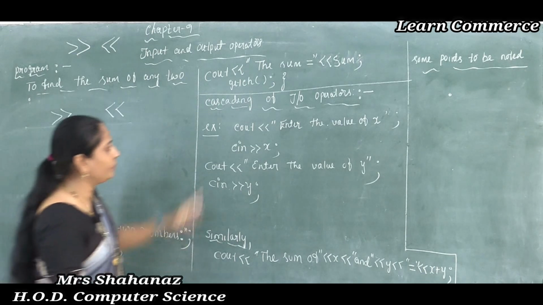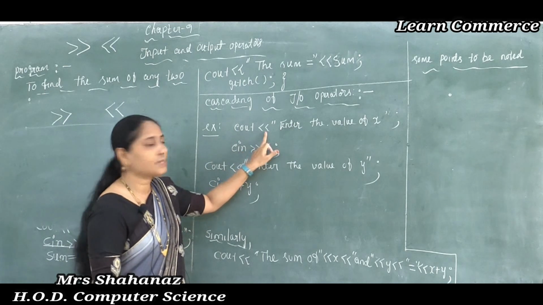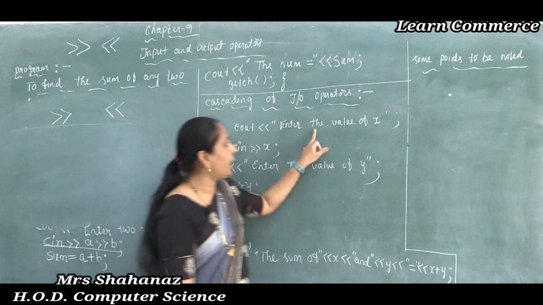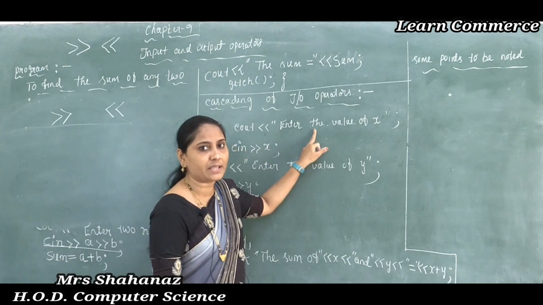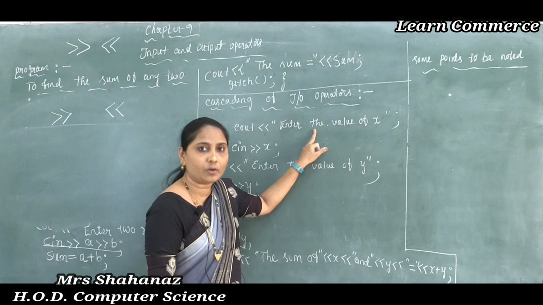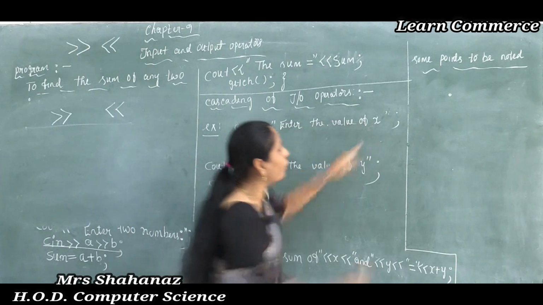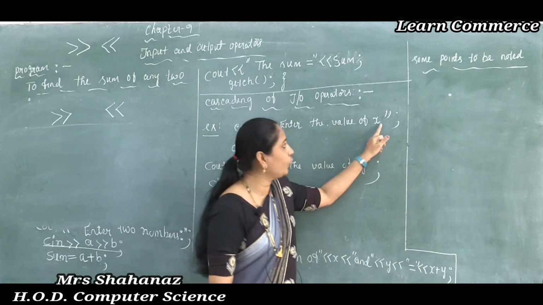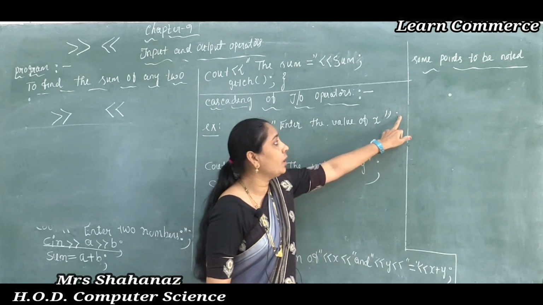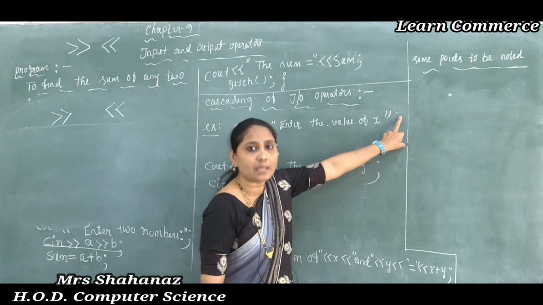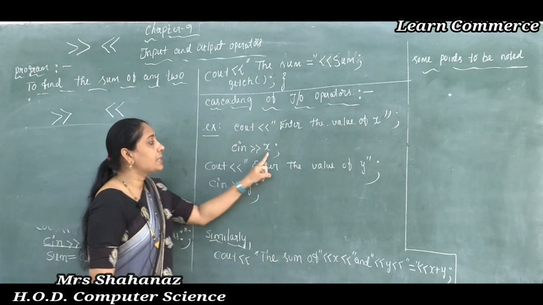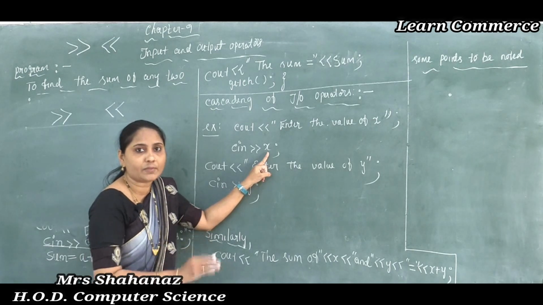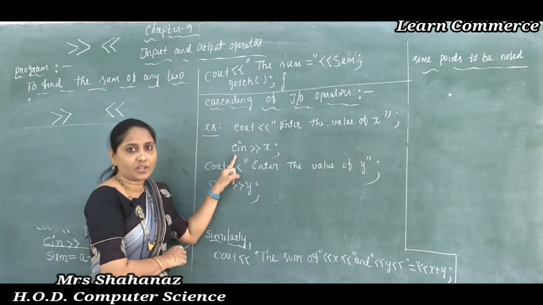So one example: in our cout we use the stream insertion operator. I want to display a message, so I write it using double quotation, enter the value of x here, and whatever double quotation I open, I need to close, correct? Then terminate this statement with a semicolon, and later input some value to the x variable by using the cin function.